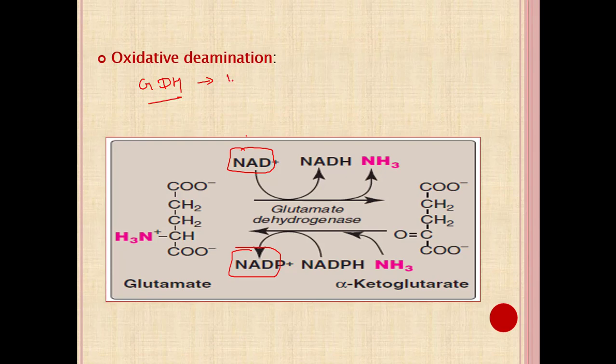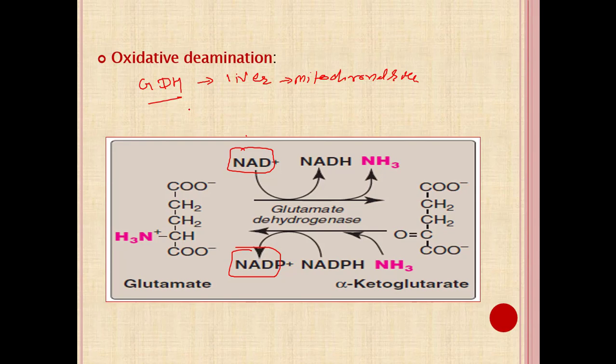That enzyme is only present in the liver, in the mitochondria. That's why oxidative deamination only occurs in the liver. That's why the urea cycle occurs in the liver, because this is the only reaction by which free ammonia is released from glutamate, and that ammonia then enters the urea cycle for conversion of ammonia into urea. The enzyme occurs in the liver mitochondria.